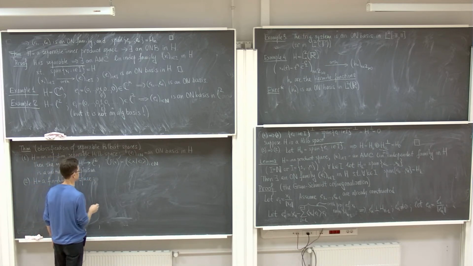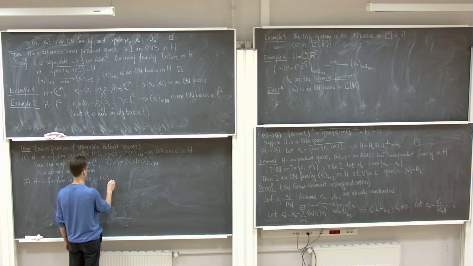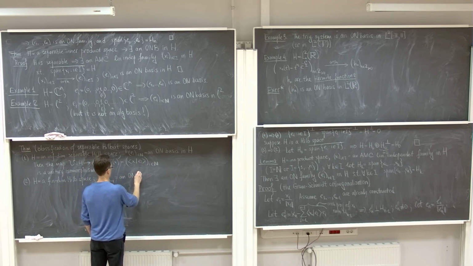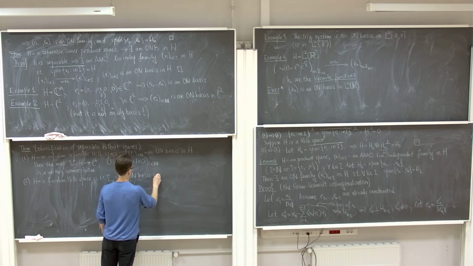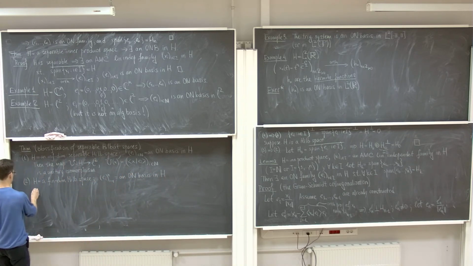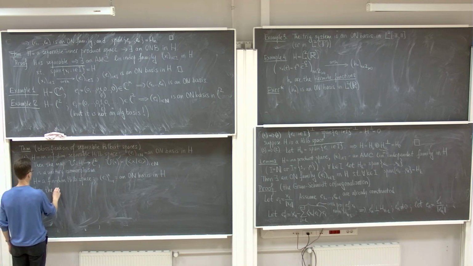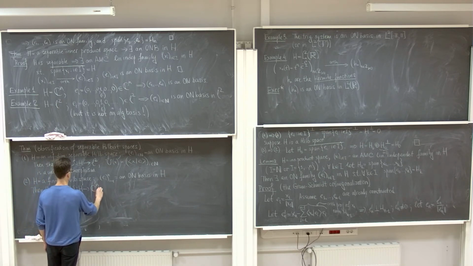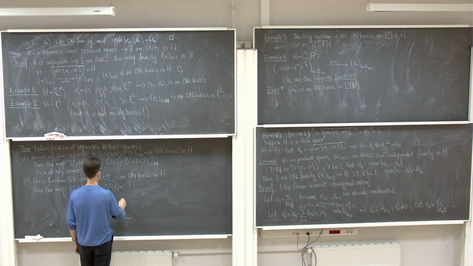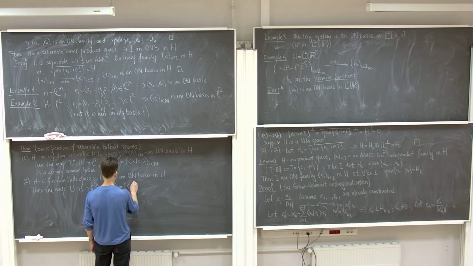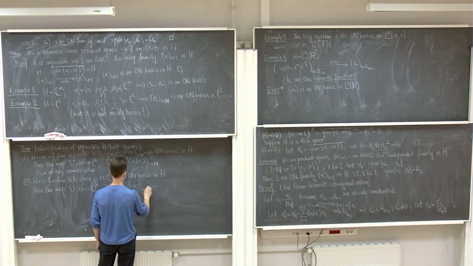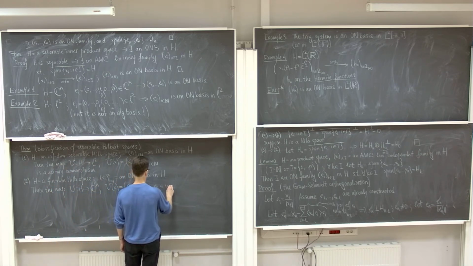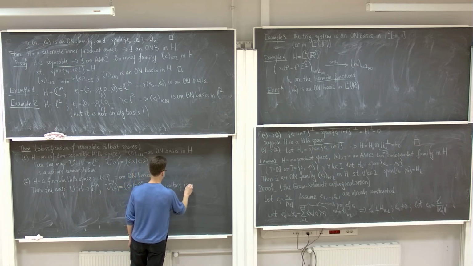So in this case, we can choose a finite orthonormal basis in H. And in this case, the following map, U, which acts from H to Cn, and again it takes each element x to the family of its Fourier coefficients, is a unitary isomorphism.